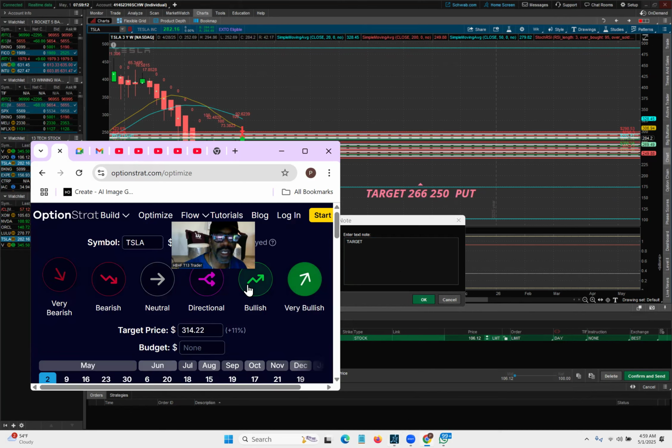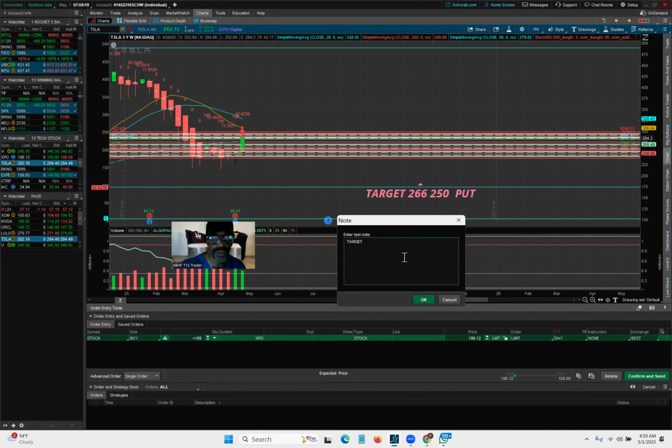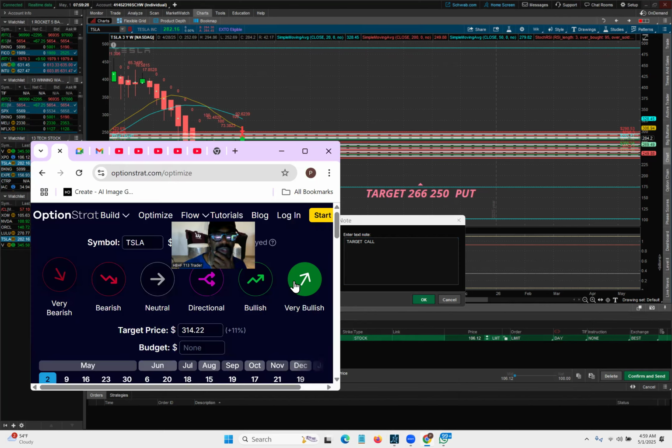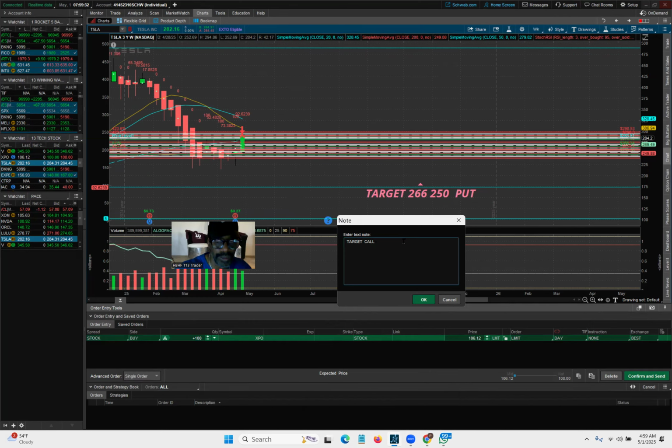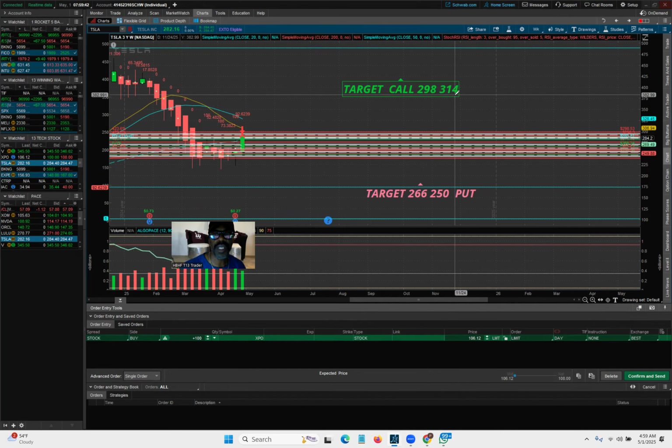This gives us an idea. 298, 314 is the call target. Perfect, off of support and resistance.